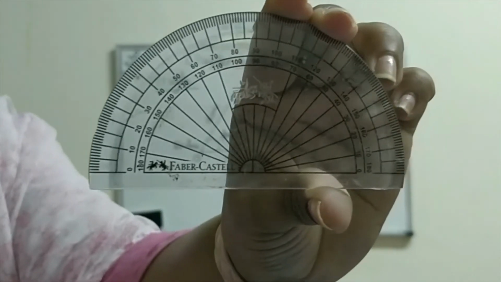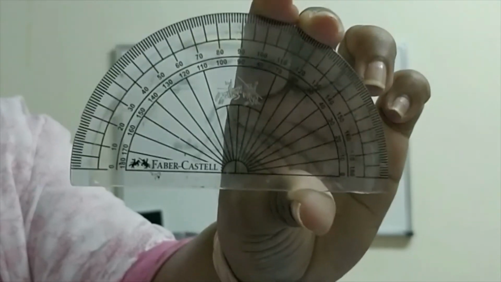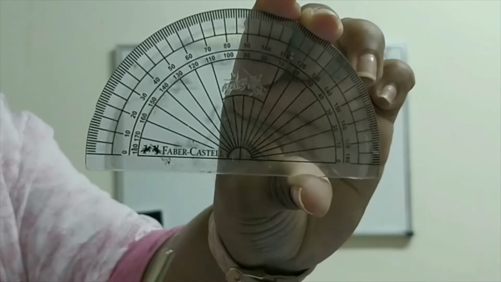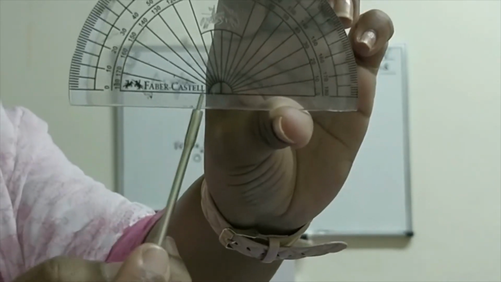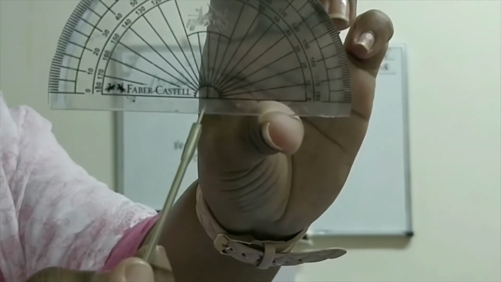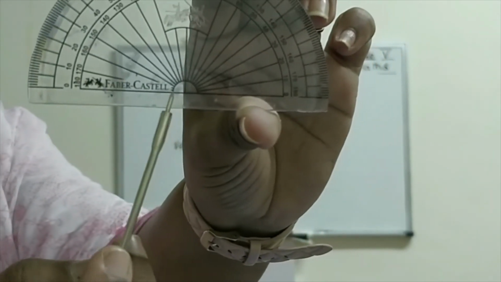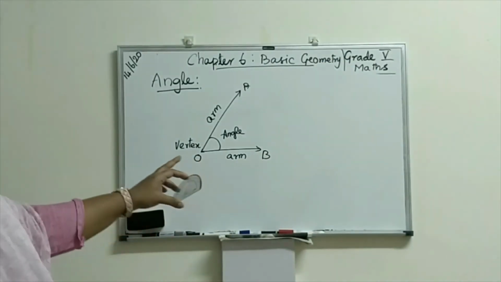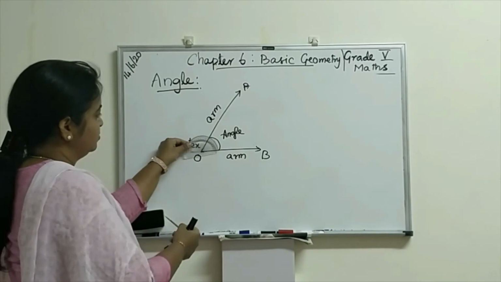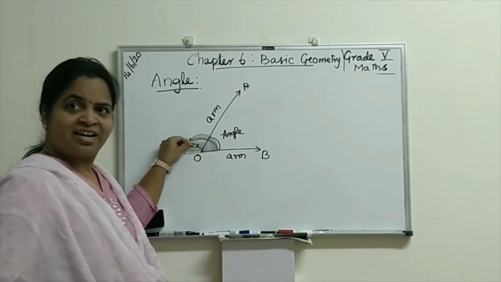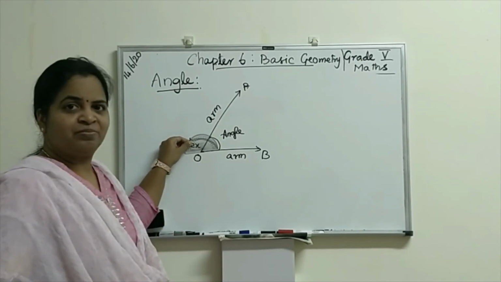Whenever you are measuring any angle, this baseline should be on the baseline of your angle, and this center should be on the point of the vertex here. Do you understand? Like this you have to measure.